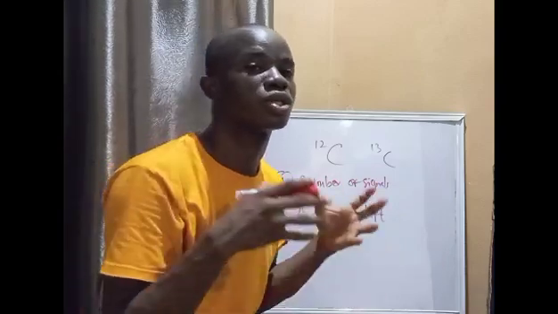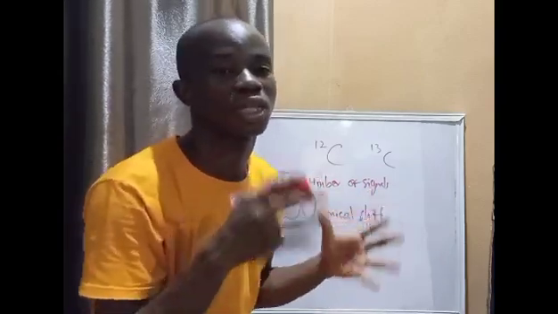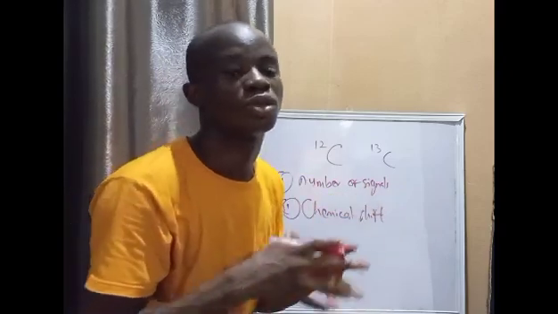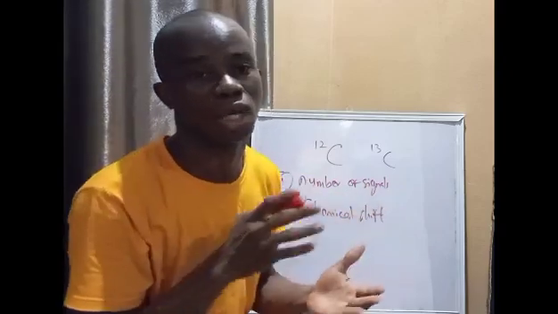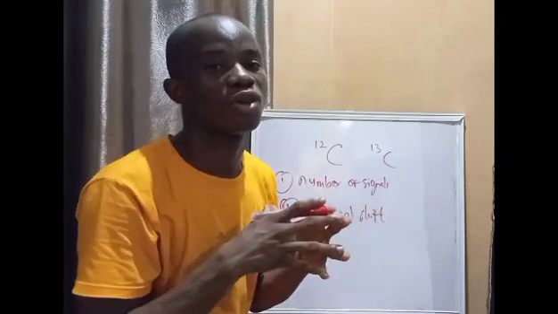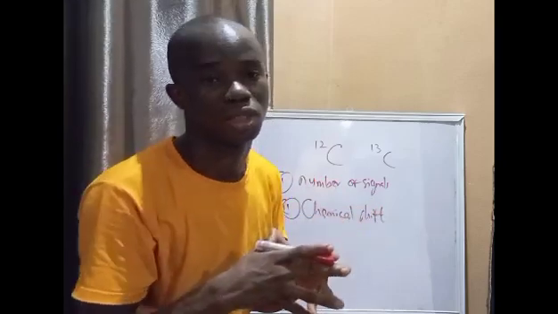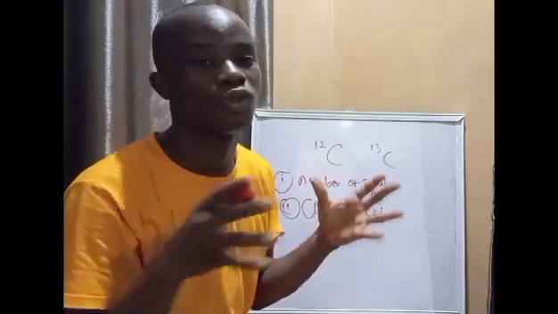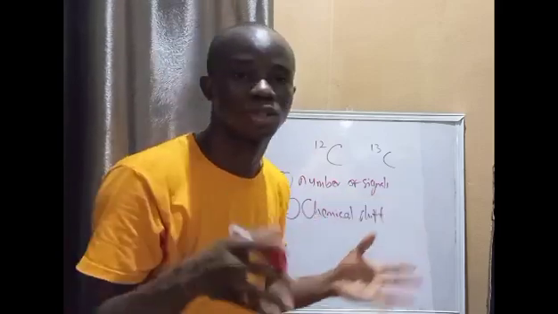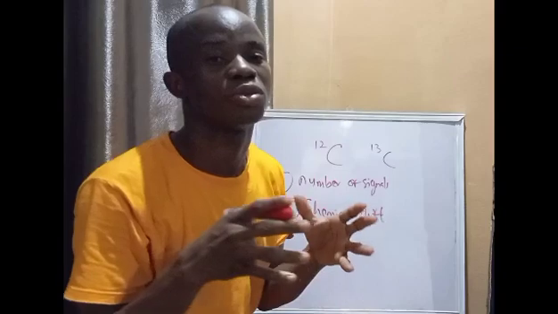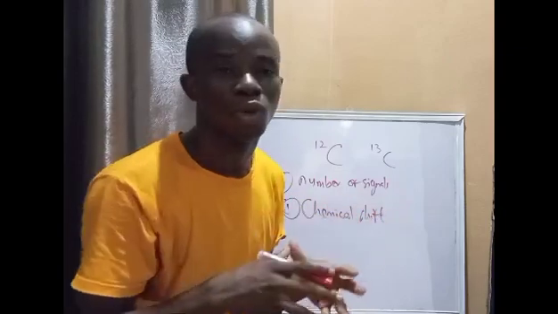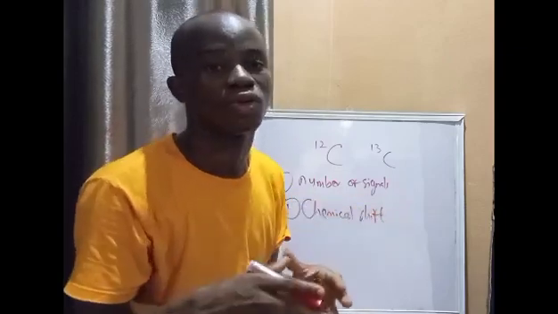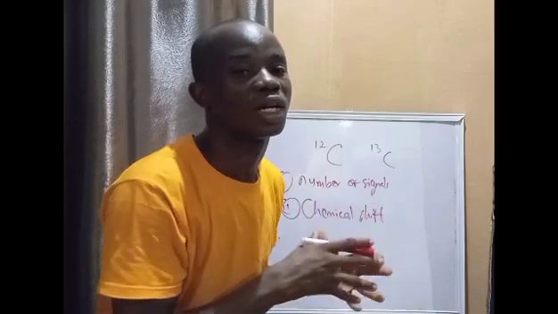The reason is that the electrons around the nuclei tend to shield the nuclei from the influence of the external magnetic field, and this therefore reduces their chemical shift compared to nuclei with few or no electrons around them. They experience the external magnetic field more, and therefore have a very high chemical shift.